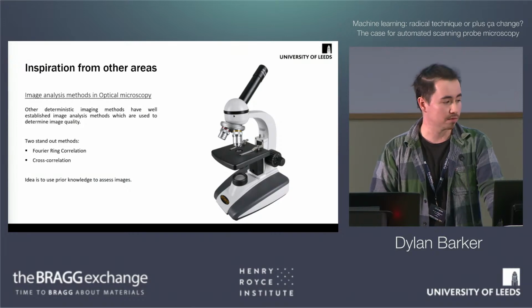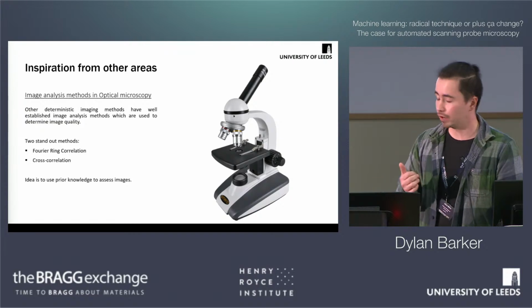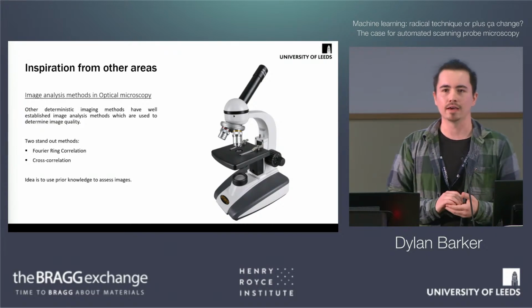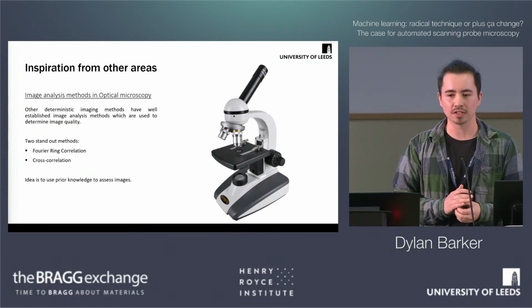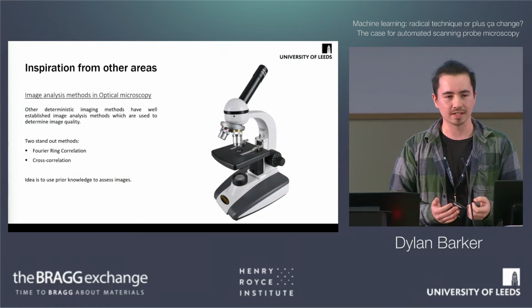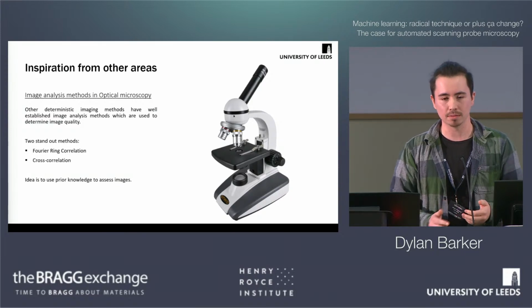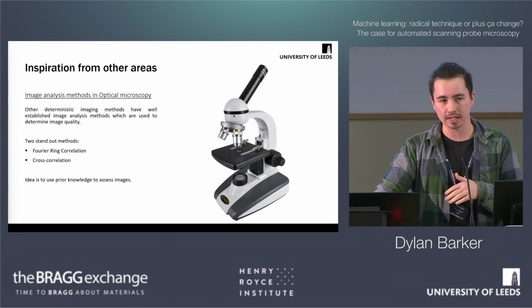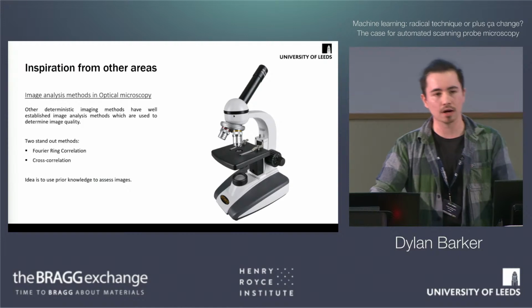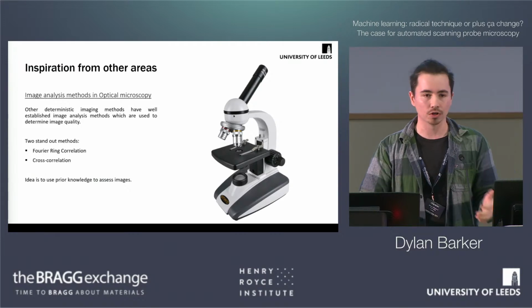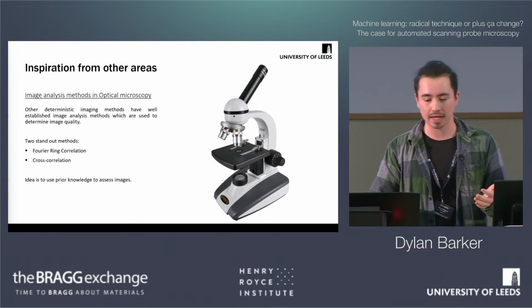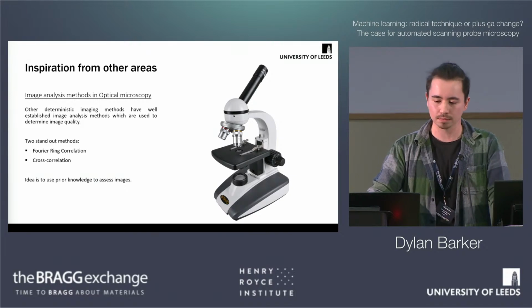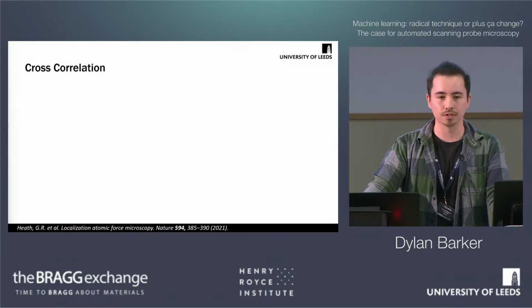The two standout methods here are, first, Fourier ring correlation, which is essentially a method of predicting the spatial resolution of an image using Fourier transforms. And the second one, which I'll talk a bit more about on the next slide, is called cross correlation. The idea behind them is to use prior knowledge of the system you're actually scanning to assess how good the images are.